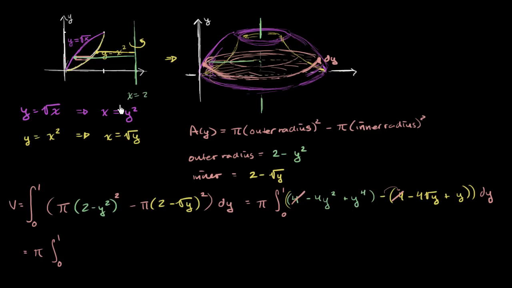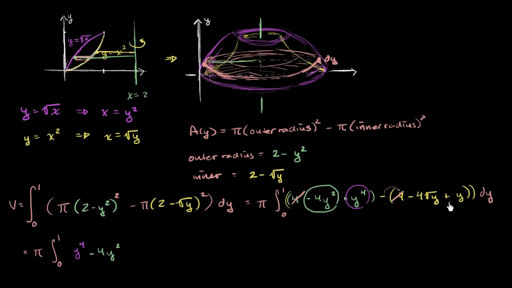So we have a y to the fourth. The next highest degree term is this negative 4y squared. So we have negative 4y squared.